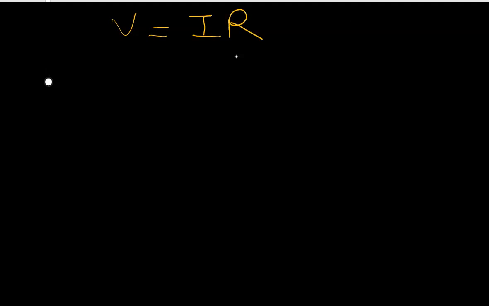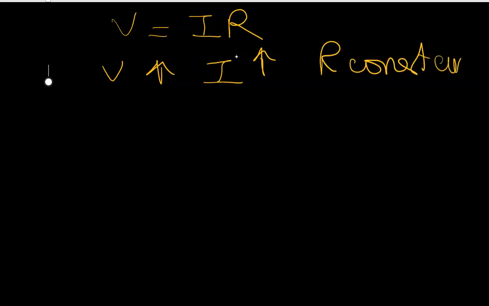So if a conductor obeys Ohm's law, it shows proportionality. If voltage increases, current increases, and R is constant. Let's talk a little bit about that. If my voltage increases, my current increases, and that makes total logical sense because we conceptualize voltage as energy, right? So if you have a lot of energy being given to the charges, then what will happen to the charges?